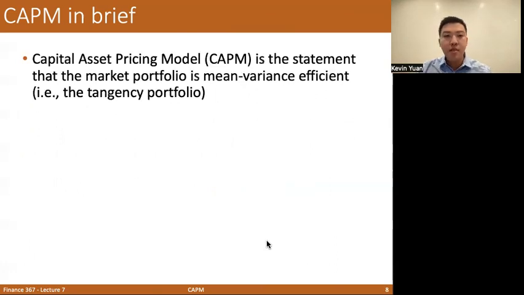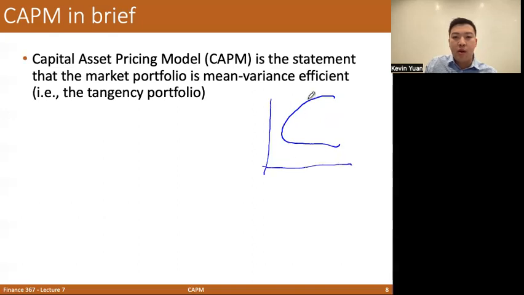Okay, so just to summarize a little bit more, the capital asset pricing model is a statement that the market portfolio is mean variance efficient. In other words, what this is saying is this market portfolio lies on that tangency point over here. So this market portfolio is the tangency portfolio.